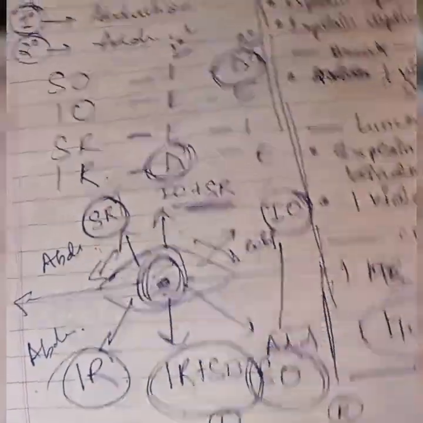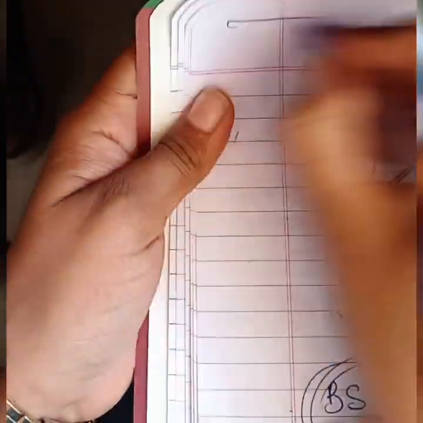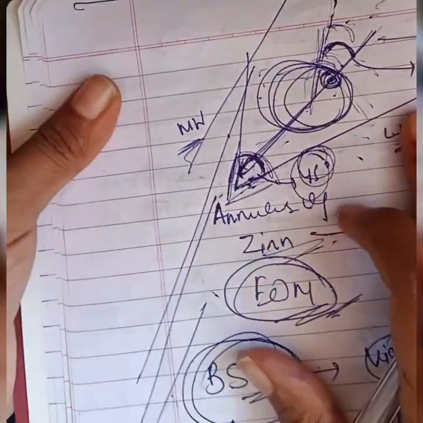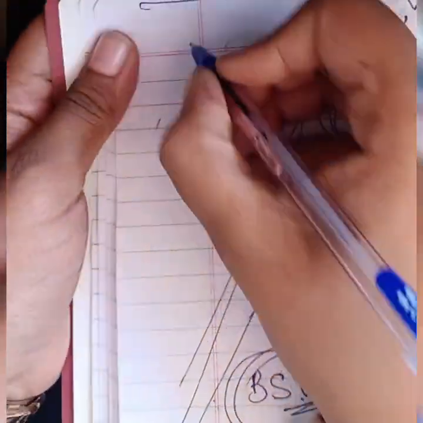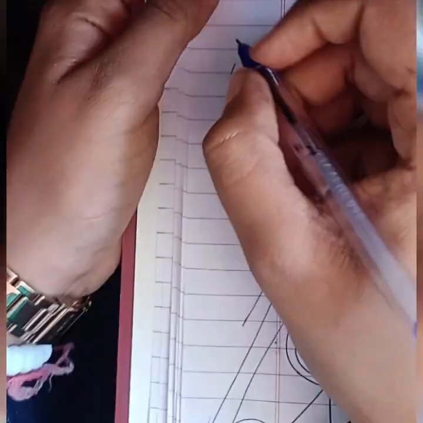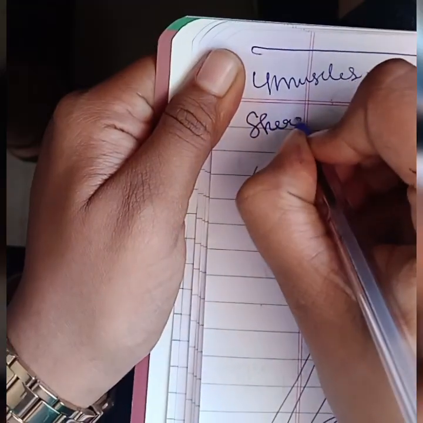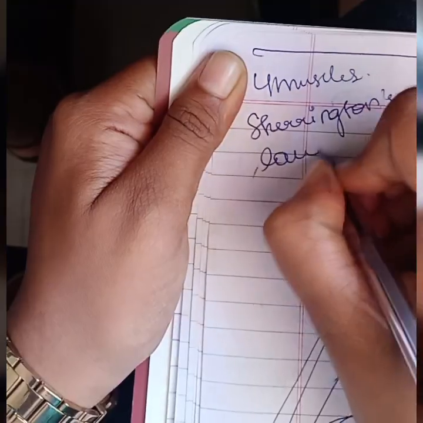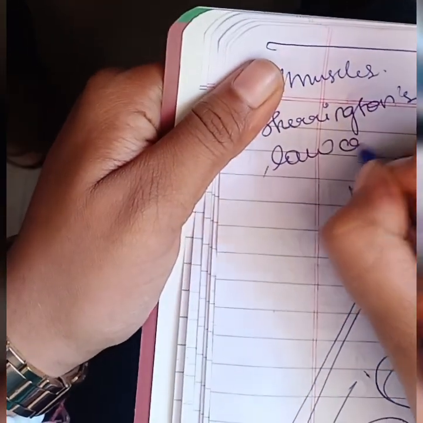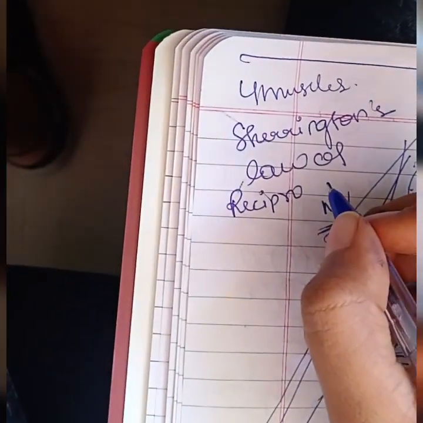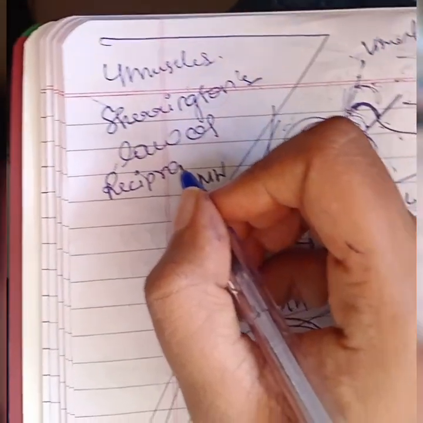Now some more important things. That is formation of binocular single vision. For that, 4 muscles are required. So according to Sherrington's law of reciprocal inhibition, when we say the third law of Newton, that is every action has equal and opposite reaction.